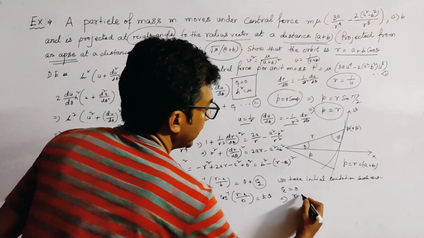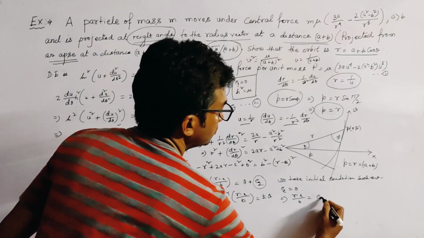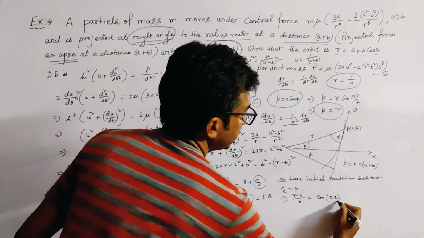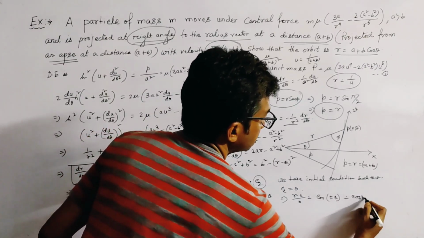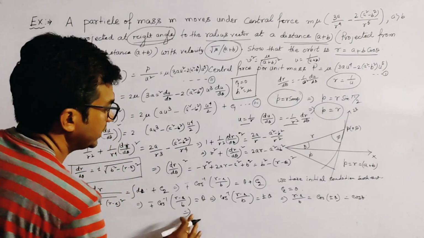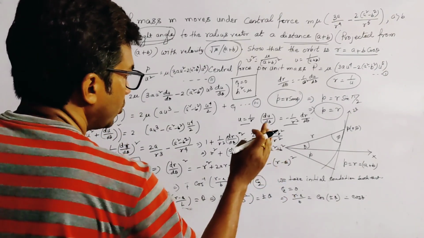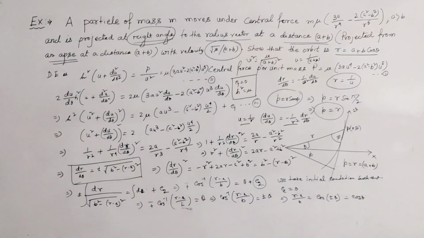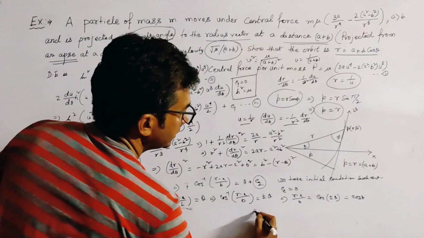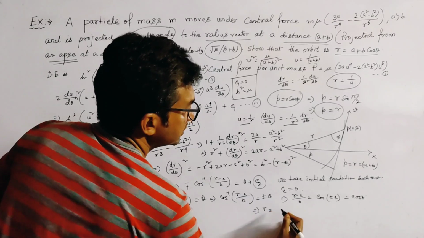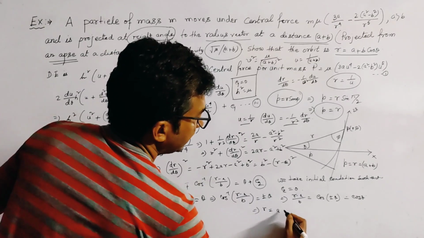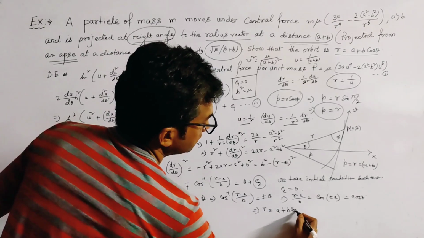So we get r minus a by b equal to cos of plus minus theta, which means cos theta. So our final result, or the curve or the central orbit, is given by r equal to a plus b cos theta.